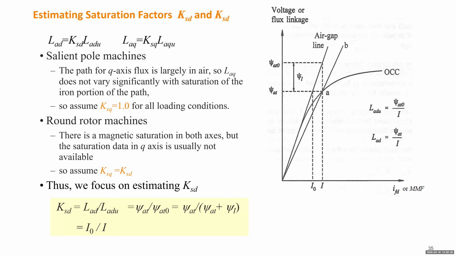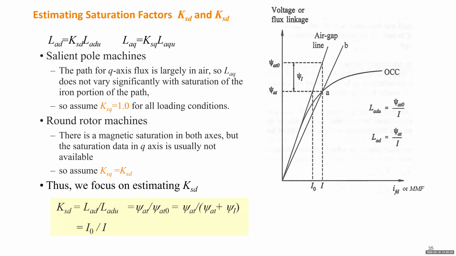With saturation, we can only generate psi_AT. So there's a big gap. If we divide psi_AT by psi_AT0, that is exactly the factor we're looking for. And psi_AT0 will be equal to the actual flux linkage plus this gap. The gap is defined to be delta psi_I.